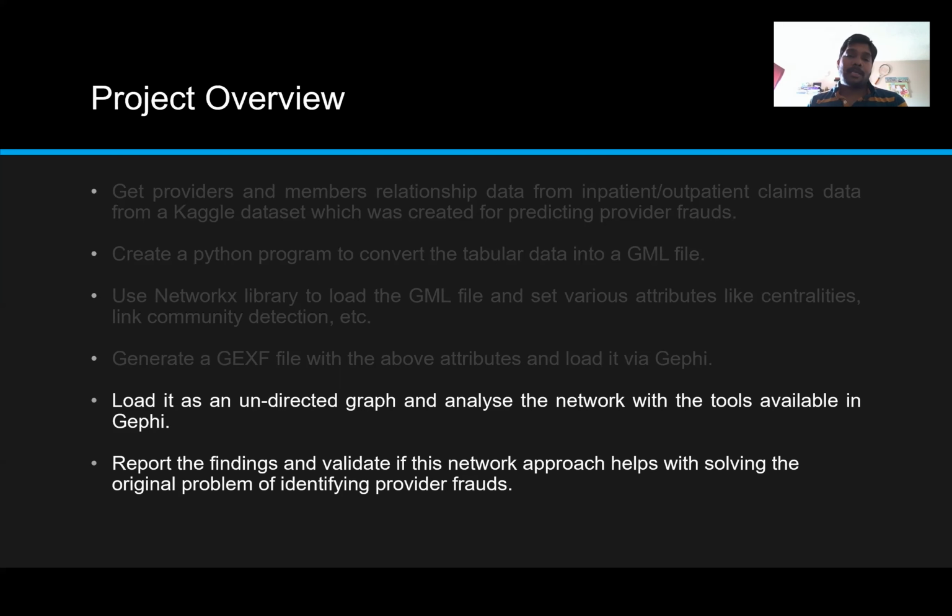So I loaded it as an undirected graph and then analyzed the network with the tools available in Gephi. Once I analyzed the network model of the healthcare claims, I tried to report the findings and validate if this network approach really helped with solving the original Kaggle problem, which is identifying fraudulent providers.